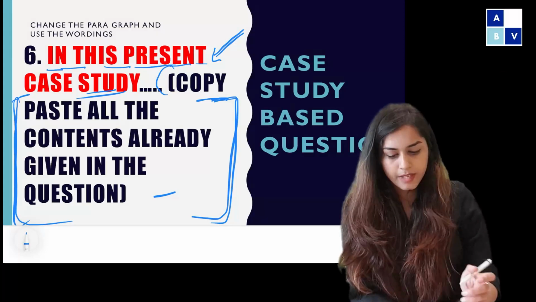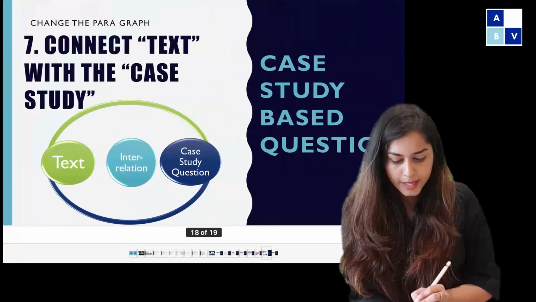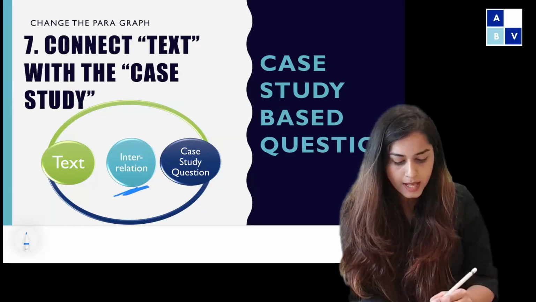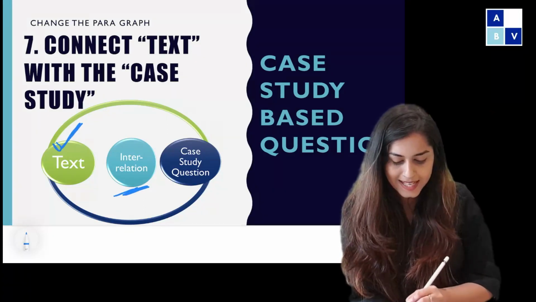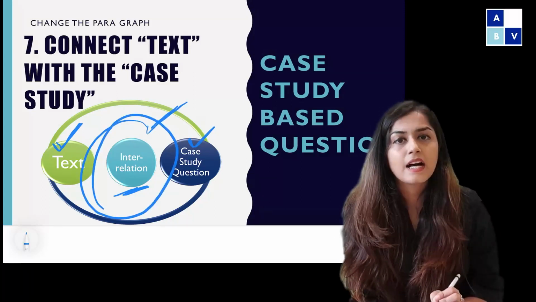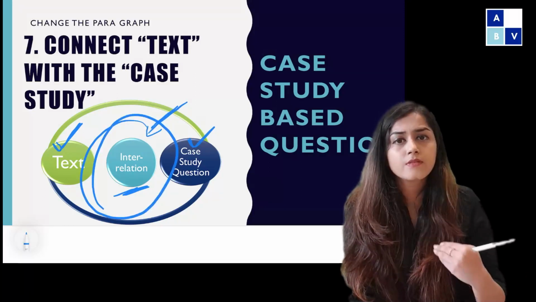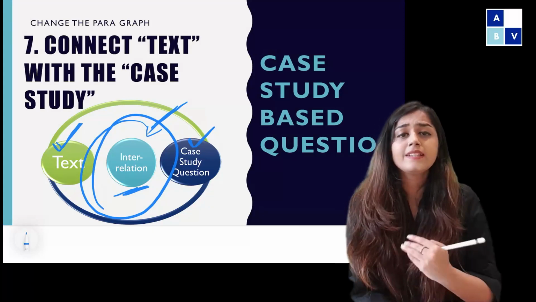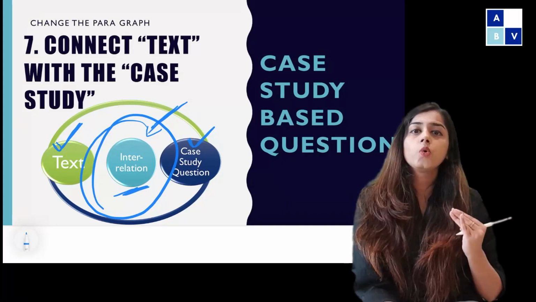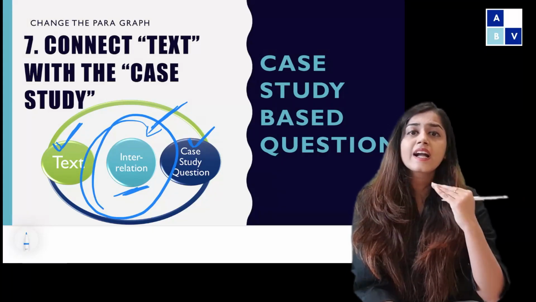Now next, we have to make an interrelation between the text we wrote and the case study question. There has to be certain interrelation. This paragraph, again 20 to 30 words, will create an interconnection, and this depends on your case study. You are not concluding, you are just creating a connection.